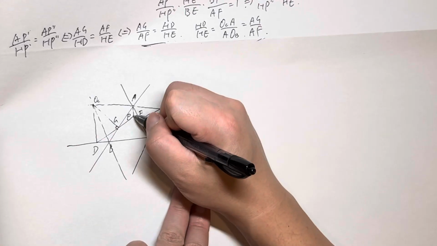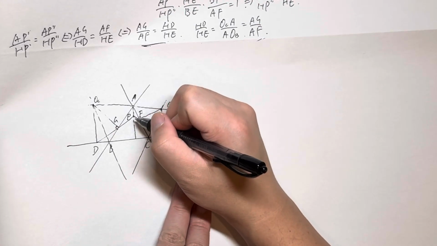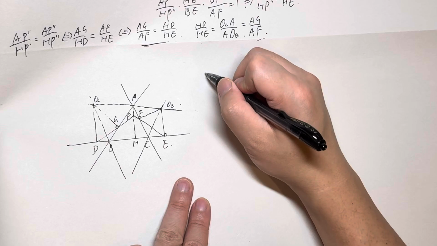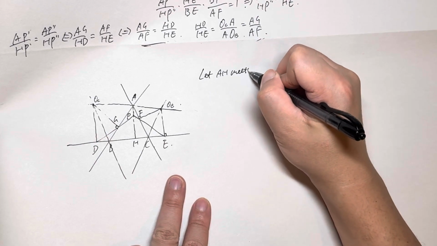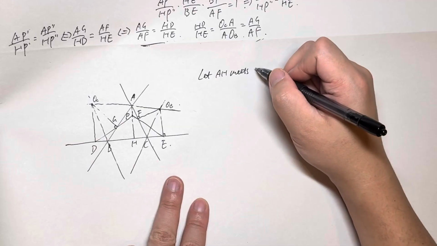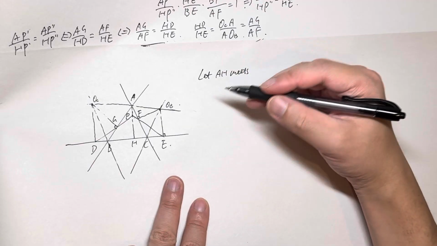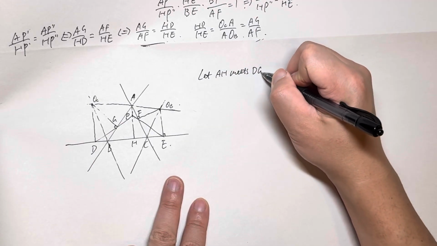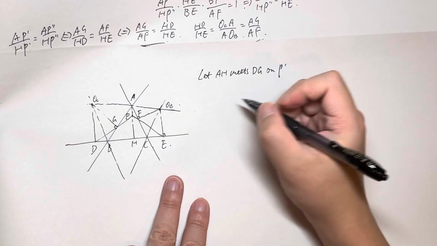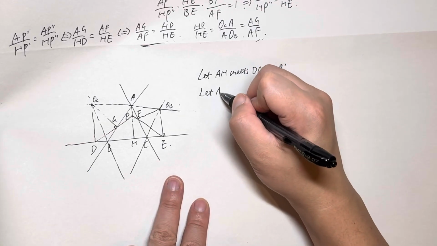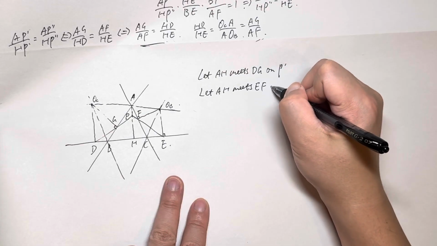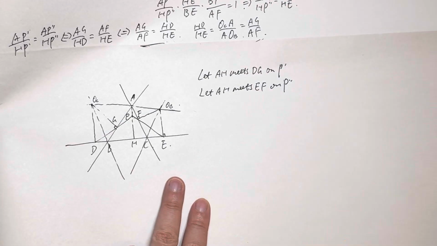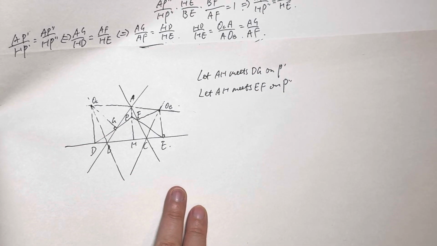Let's just draw the perpendicular line AH first, right? Let AH meet DG at P prime, and let AH meet EF at P double prime, right?